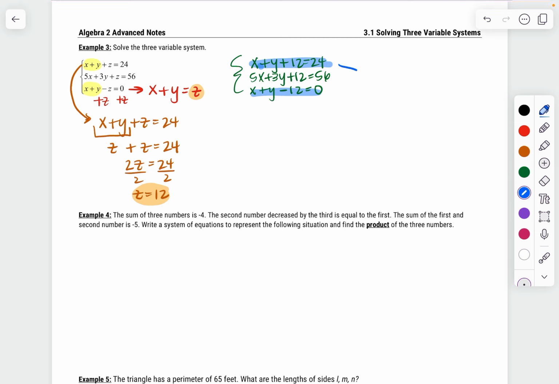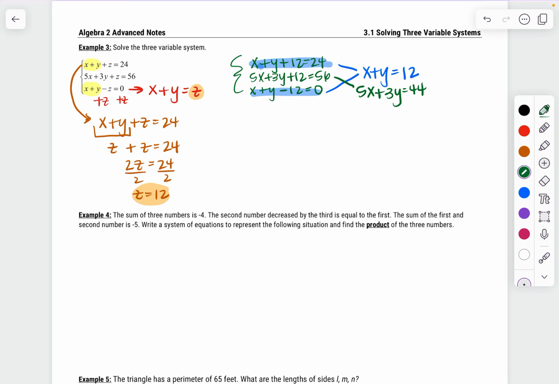If I were to move those 12s over to the other side, I'm going to get x plus y equals 12. So whether you're trying to simplify the first one or the last one, you get the same thing either way. And then if I simplify the second equation, that is going to turn into 5x plus 3y is equal to 44, because 56 minus 12 is going to give me 44.